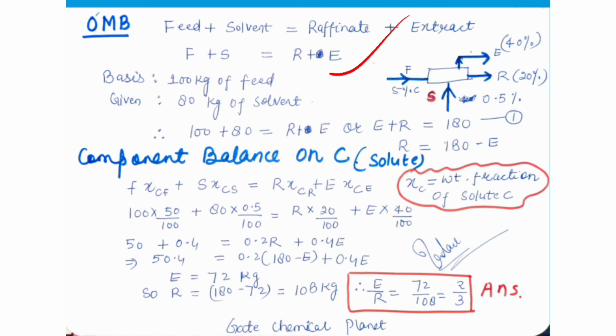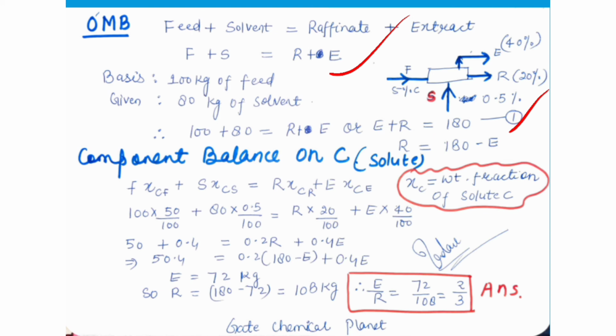So 80 plus 100 equals R plus E. We can write E plus R equals 180, equation number 1. So we can also write R equals 180 minus E.